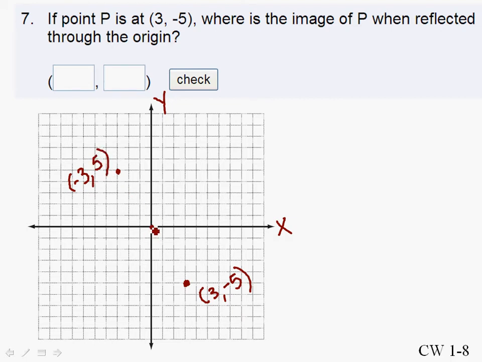Notice when we reflect through the origin, both the x and the y value become opposites. So the opposite of 3 is negative 3, the additive inverse. The additive inverse of negative 5 is positive 5. So my new point is negative 3, comma, positive 5. Take a moment to try your number 7.